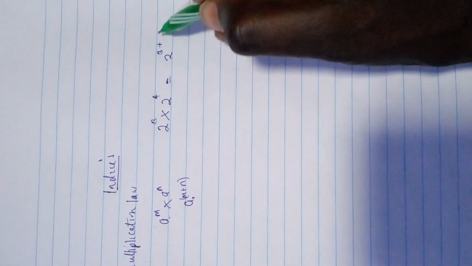You just add the powers, 3 plus 4, and you get 2 raised to power 7. If you multiply 2 times 2 times 2 times 2 seven times, you get your answer. You can do it in your calculators.